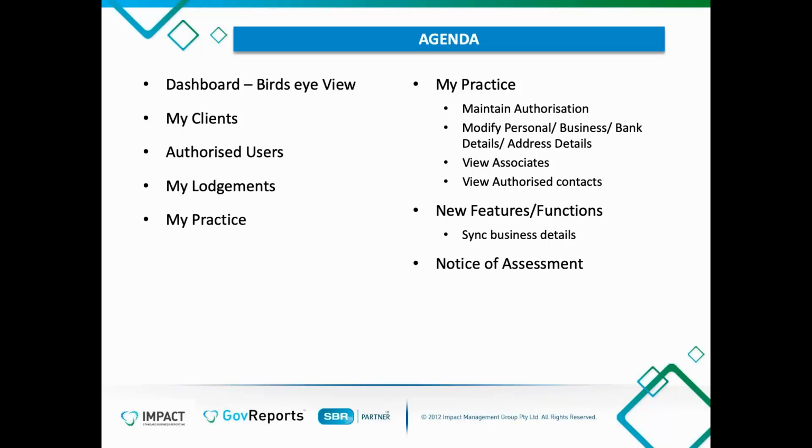So what I really wanted to do to start with is run you through all the different areas of GovReports that are available. Then we're going to have a look at the new features that have come on board over the last 6 months. Maybe you have noticed them, and maybe you haven't realized that they are there to help you. So that's what we're going to do.